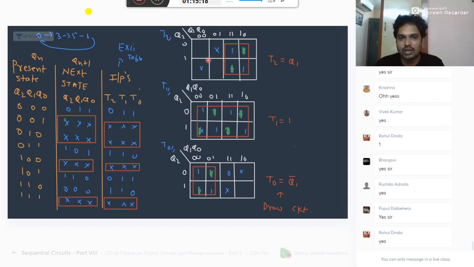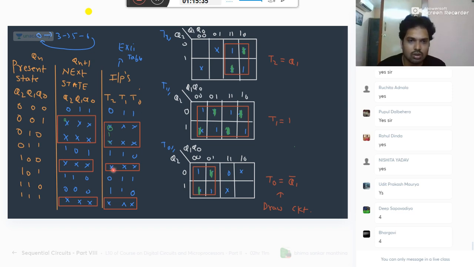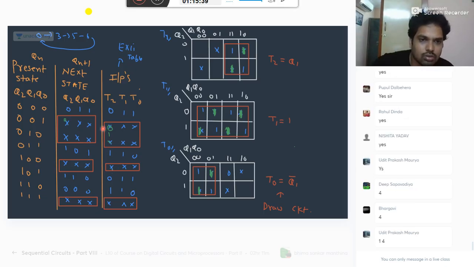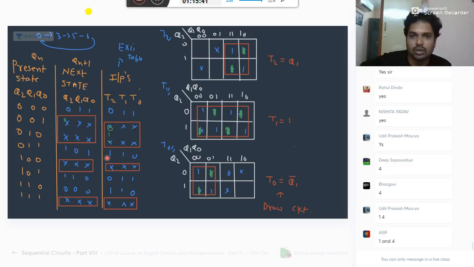So now please listen. Neglected is, for example, for T2. For T2, what are neglected? 1 is neglected, and 2, 3 are considered as ones. 2, 3. Okay, 2 is considered, 3 is already 1.